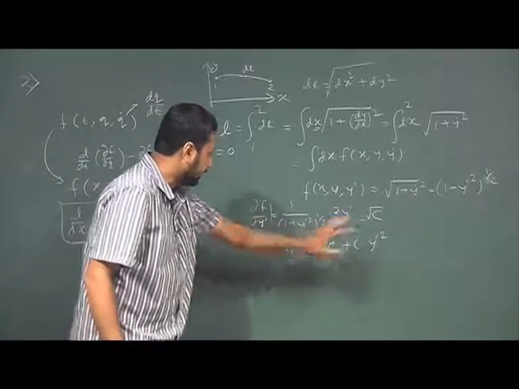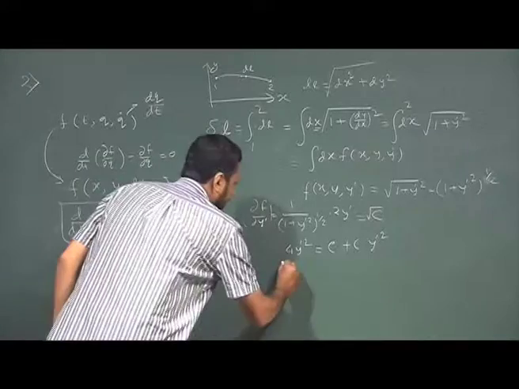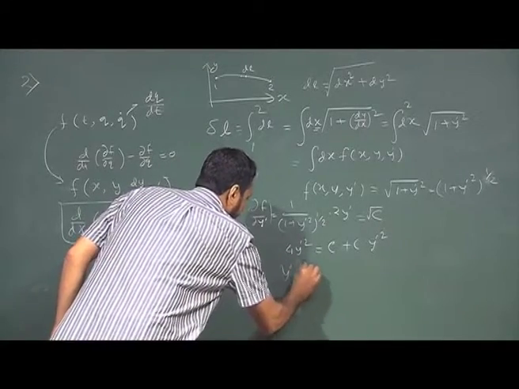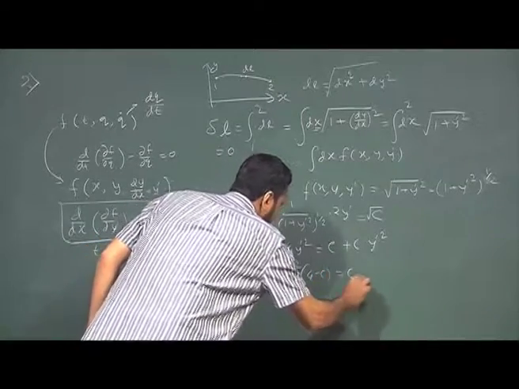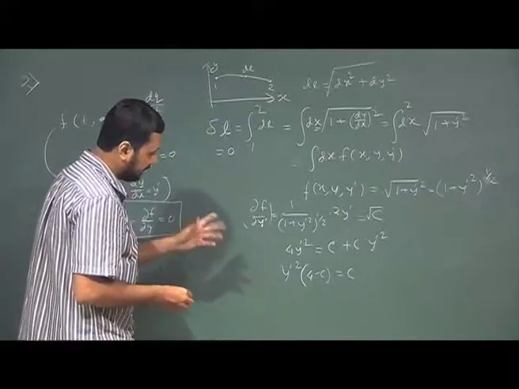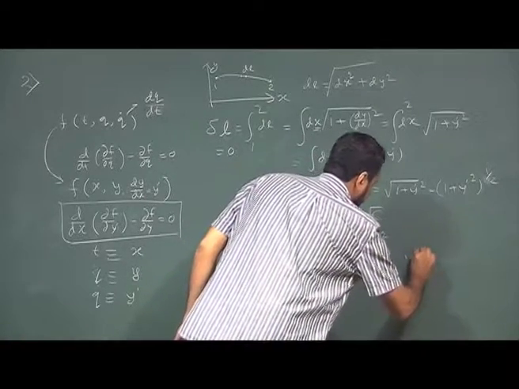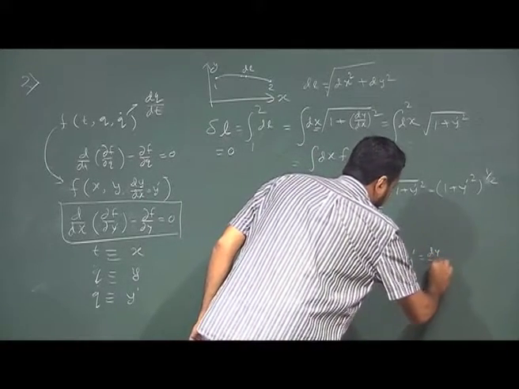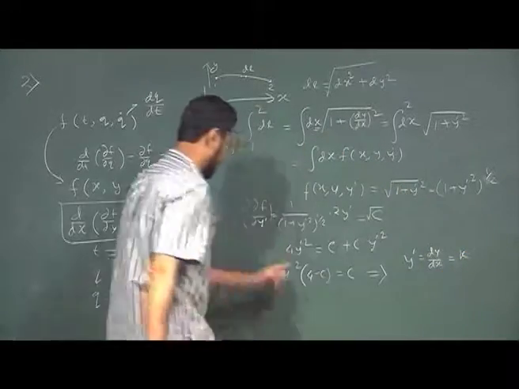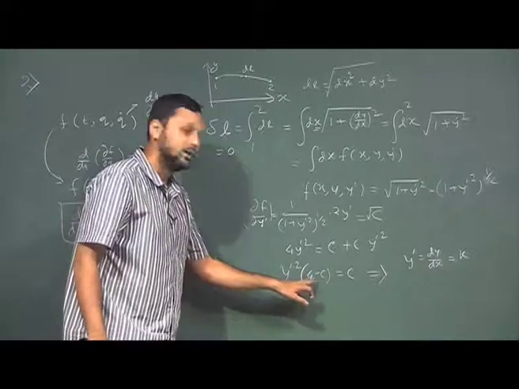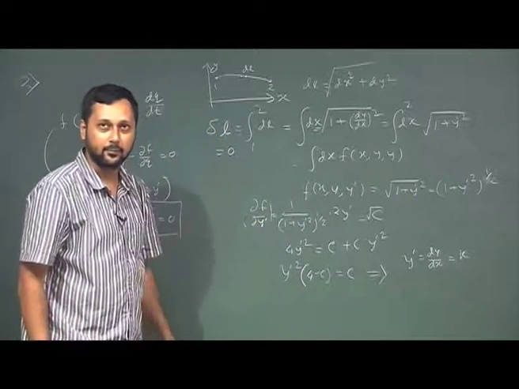This is an arbitrary constant anyway. So, if I change sides, we get y dash square into 4 minus c is equal to some other constant. So, essentially what we get from here is y dashed, which is dy dx, is equal to some new constant k, root over c by 4 minus c, which we can call k, and that is it.